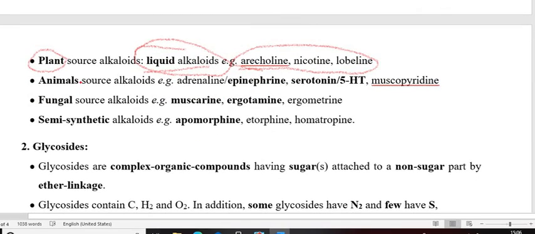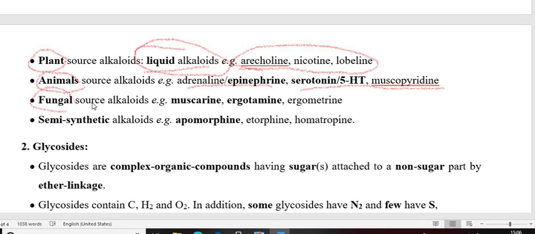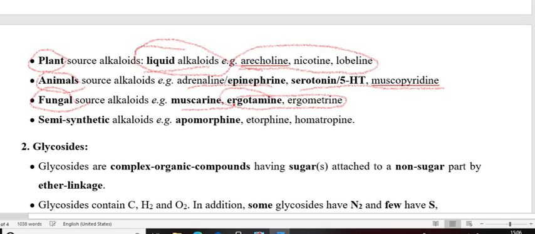We already discussed the animal source of the alkaloid, that is epinephrine and norepinephrine. Others are serotonin and muscopyridine. The alkaloids isolated from fungal sources are muscarine. The best examples are ergotamine and ergometrine.